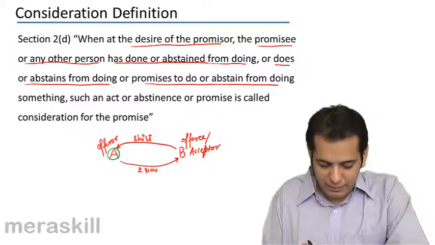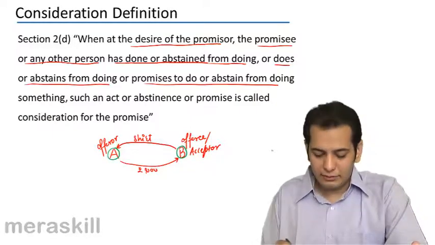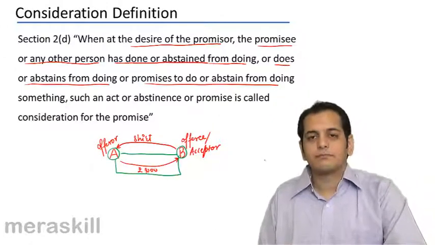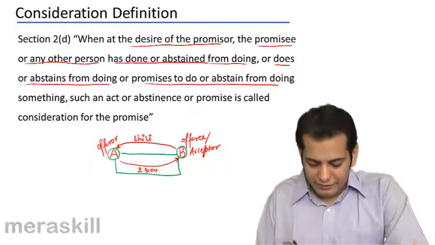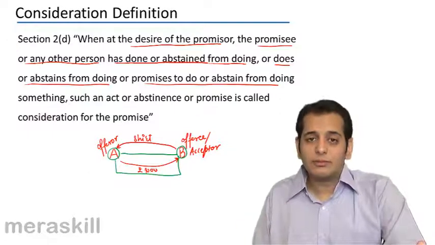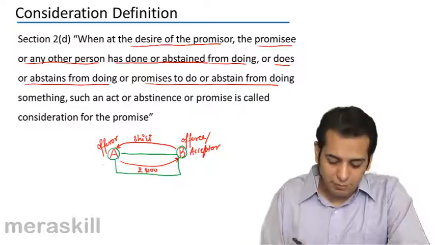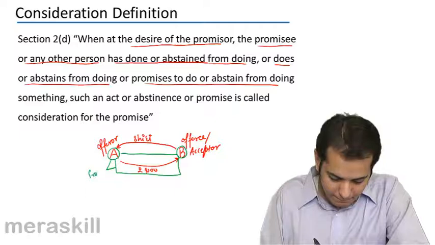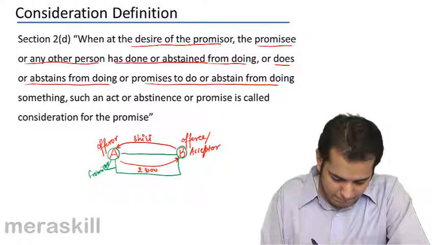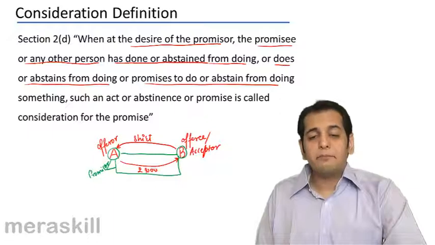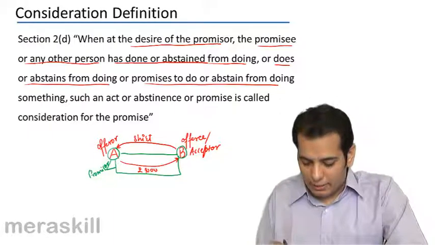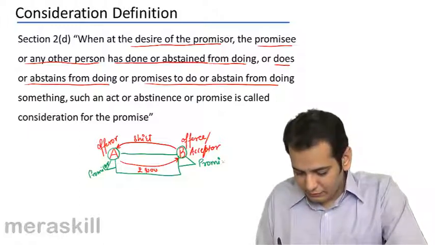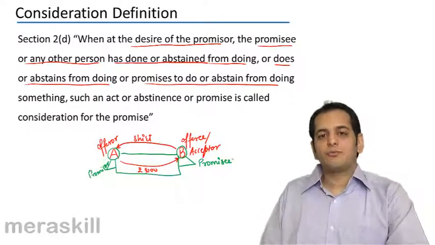First, which is made by A, second, which is made by B. The promise made by A is this one, wherein he's promising to give him 1000 rupees. So A becomes promiser here. And since A becomes promiser, B becomes promisee. A is the promiser, B is the promisee.